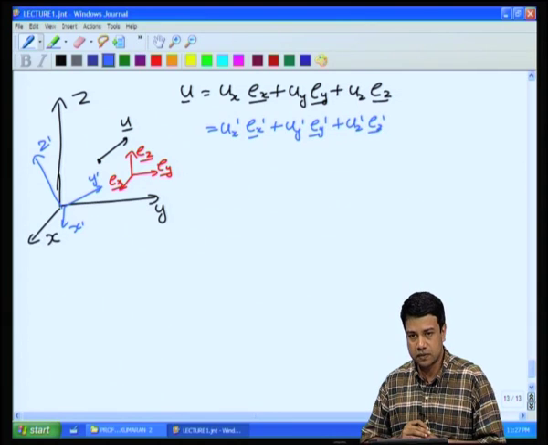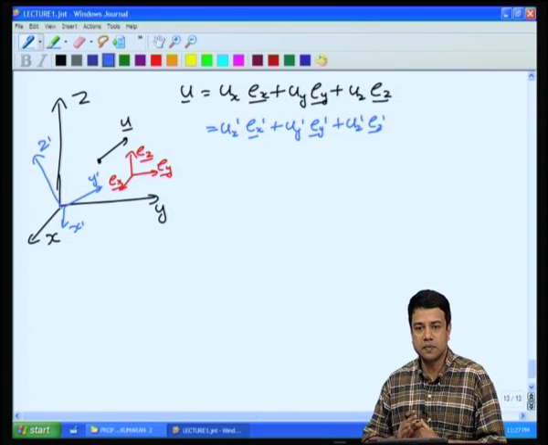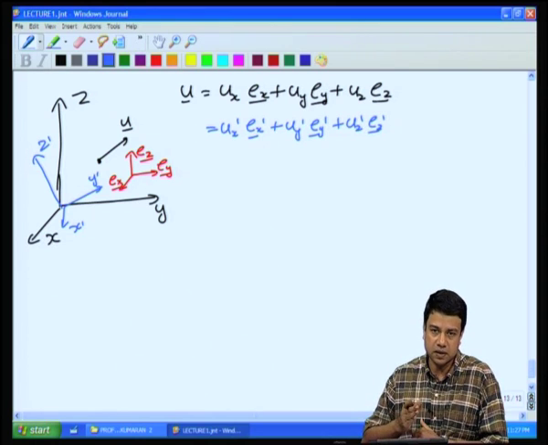Of course, there should be equations for those as well, but the vector itself has an identity which is separate from the coordinate system that you are using to analyze it.